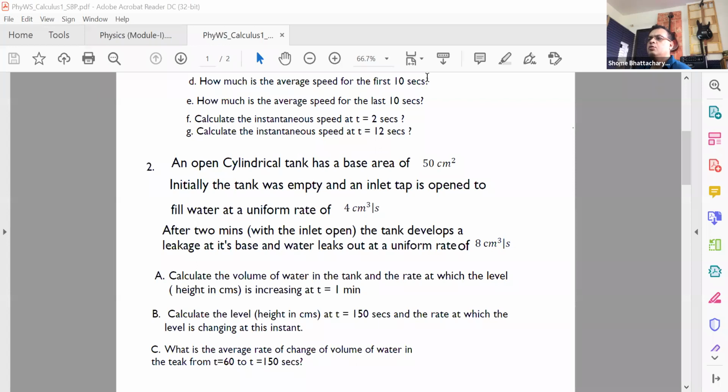Okay, so Bhavika, what's happening in the second question here is that we have an open cylindrical tank with a given base area, but also it is empty initially. So if we visualize the tank initially at t equal to 0, the volume of liquid in the tank is 0.